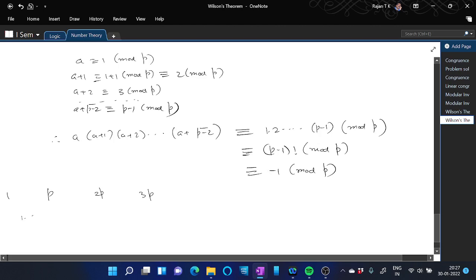That is, 1 into 2 into 3 etc. up to p minus 1 is congruent to minus 1 mod p. Then from p plus 1, p plus 1 into p plus 2 etc. up to p plus p minus 1, that is 2p minus 1, is congruent to minus 1 mod p.